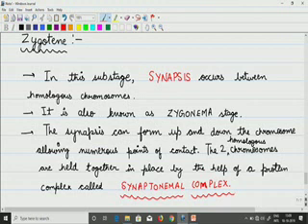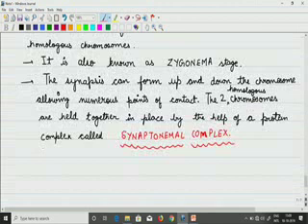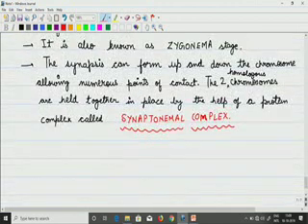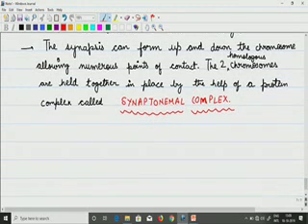All right. Moving on. Let's draw what is happening in synaptonemal complex stage or in the zygotine stage.